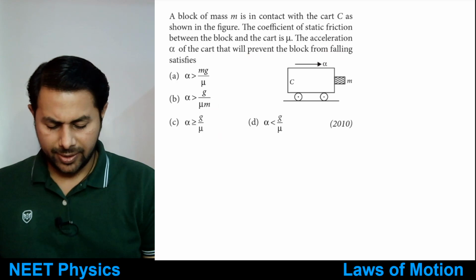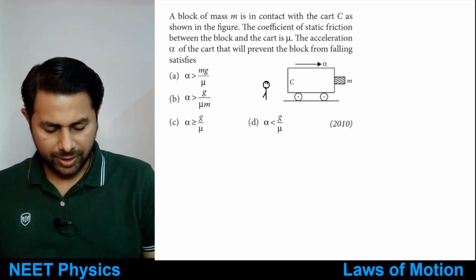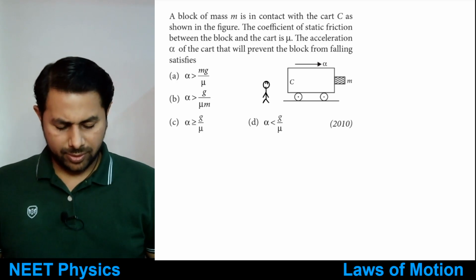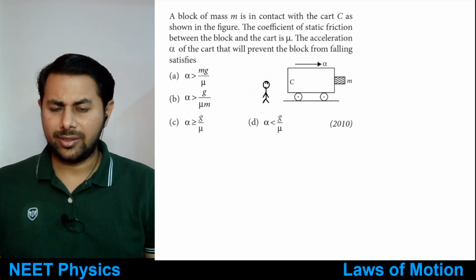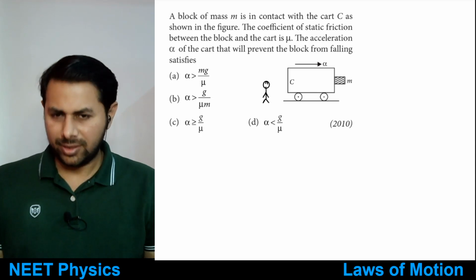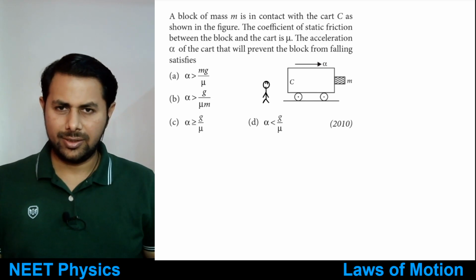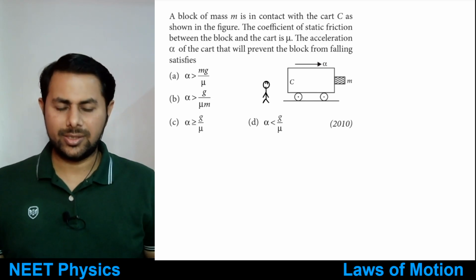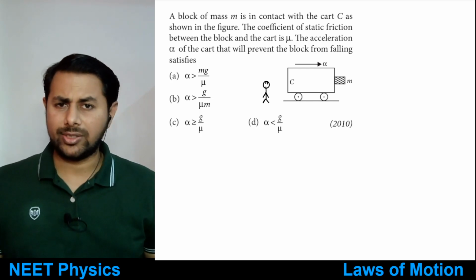So let's suppose there is a person who is standing over here. Tell me which frame is he in, the inertial or non-inertial? It is inertial. Very good. The person is steady, or moving with constant velocity.